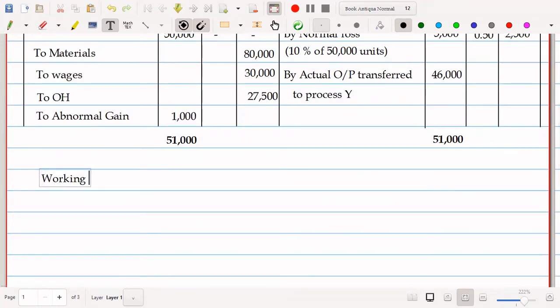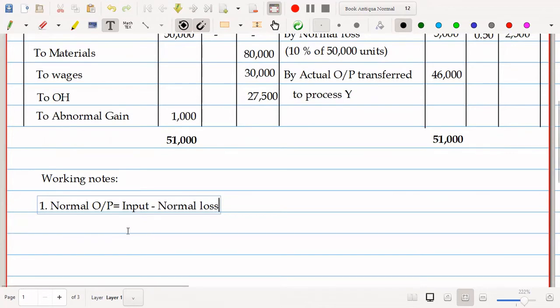Before that, we'll prepare normal output. As I told you, there will always be three working notes in process account. One is normal output. Normal output is equal to input minus normal loss.